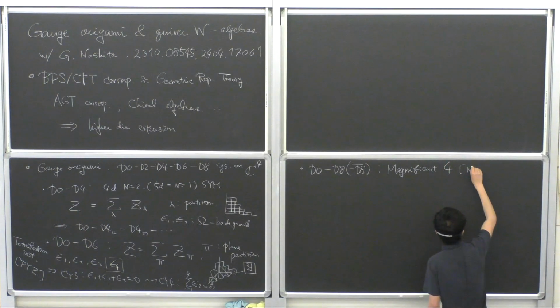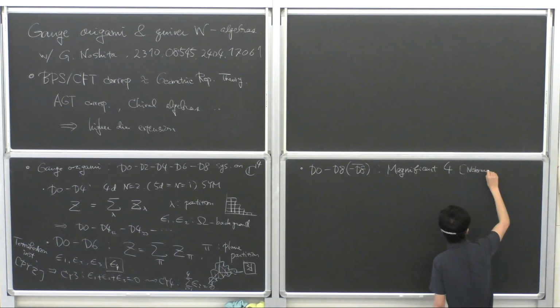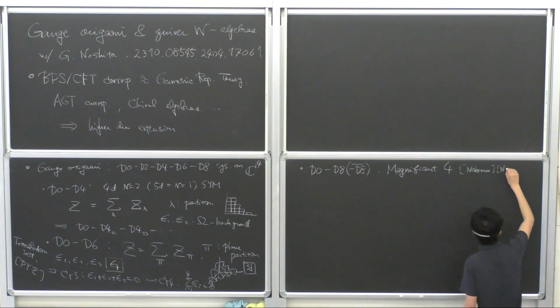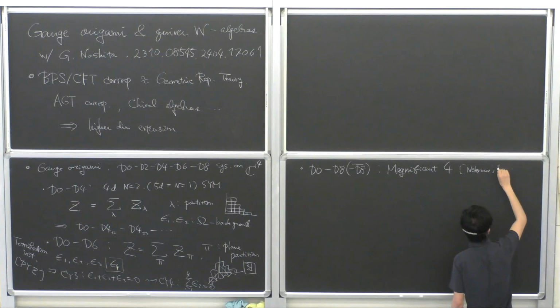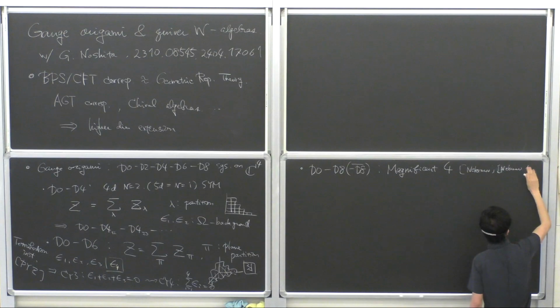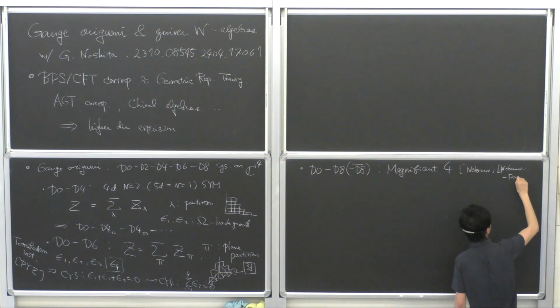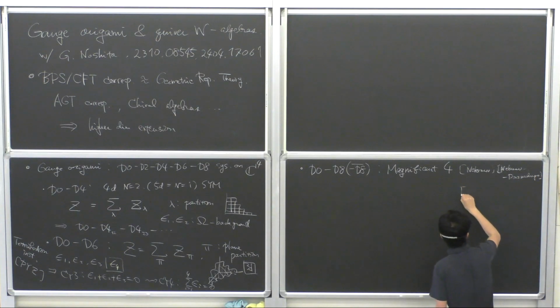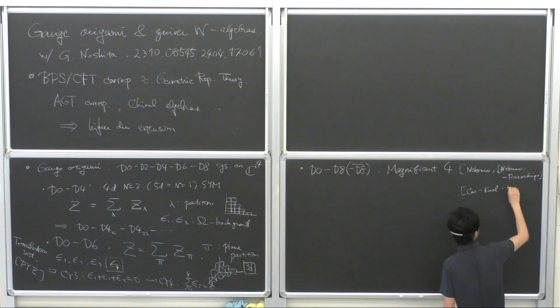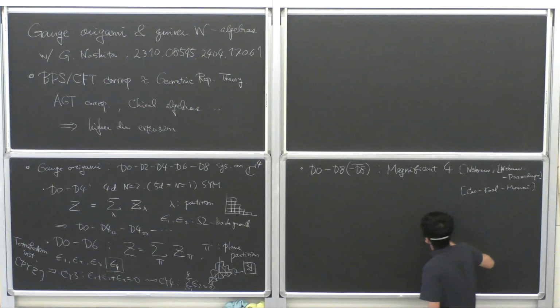I think this is Nekrasov, Piazzalunga. Sorry. And the mathematical counterpart is Cao, Kool, Monavari, etc.